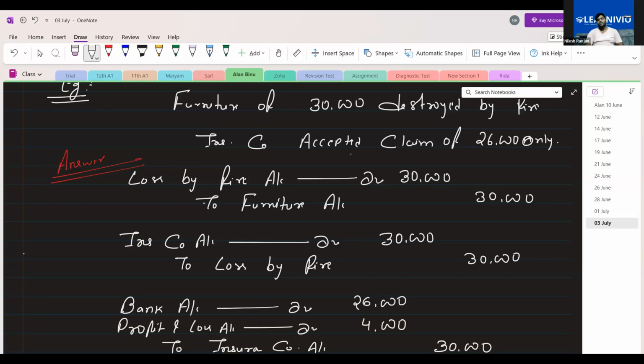The third entry is for payment of claim. So basically the first two entries are important. Yes, obviously. Only there will be a difference in the third entry, according to whether they pay the full amount or half.